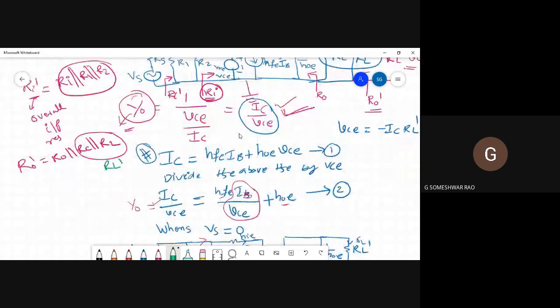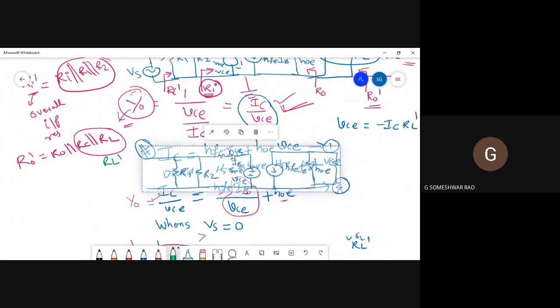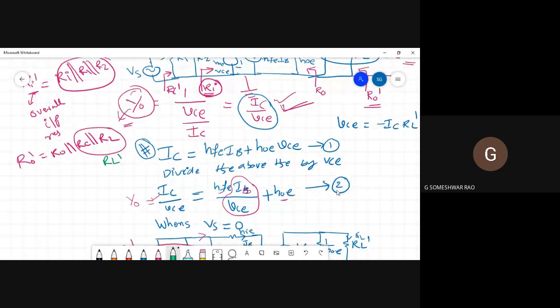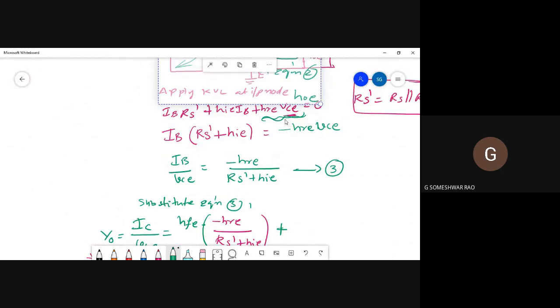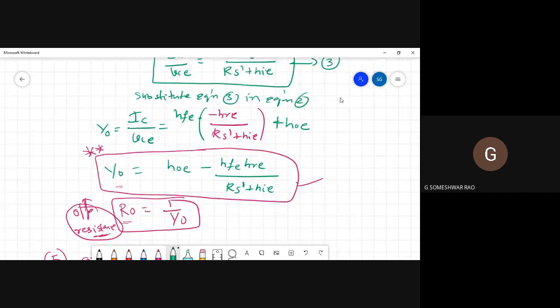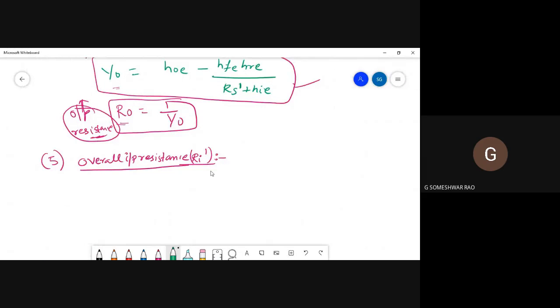So therefore, take the fifth parameter as the overall input resistance, Ri dash. What is Ri dash? Which is nothing but Ri in parallel to R1 in parallel to R2. Now this R1 in parallel to R2, I am going to call it RB. Why is it called RB?